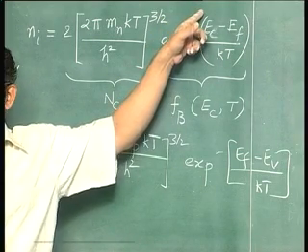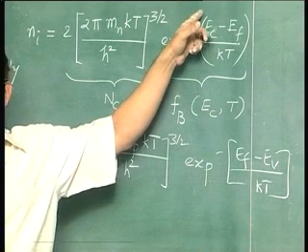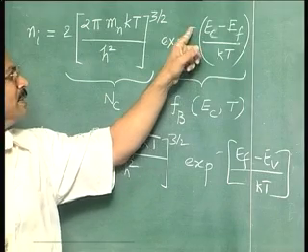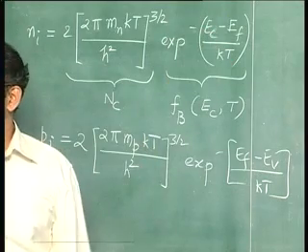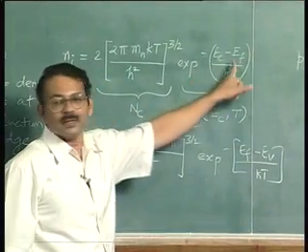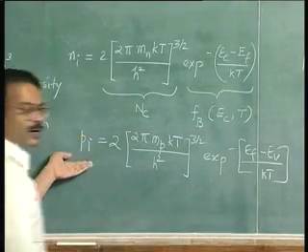So it is a fraction. It should be less than 1, there is no doubt. In fact, it will be much less than 1. That is why the negative sign is kept outside and the term inside the bracket should be positive. So once you know this, you can remember this formula, whether it is Ec minus Ef or Ef minus Ec, and similarly for Pi.